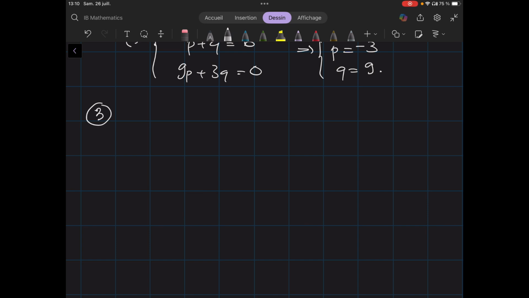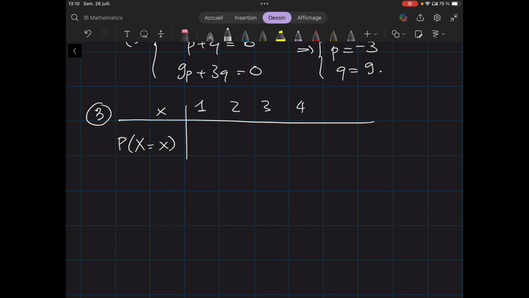Question 3. Question 3 is on discrete random variables, and you're given the distribution of the number of times a customer visits the supermarket: 1, 2, 3, 4, 5, and greater or equal to 6. I'm just going to quickly fill out the probability table.